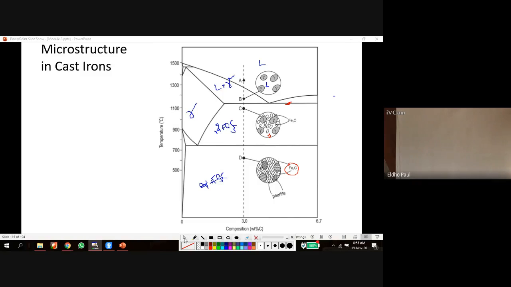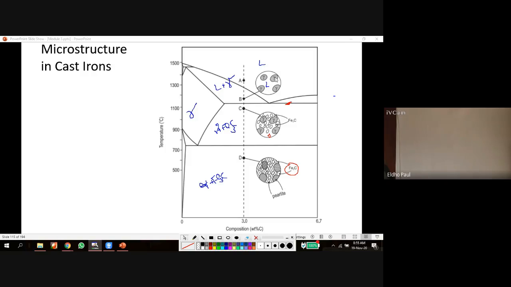Okay, any doubt? So here, when crossing from B to D, there is no change in the gamma particles. The austenite stays without any change from B to D. The liquid changes to other austenite and Fe3C. This liquid changes to, already we have some gamma particles here.